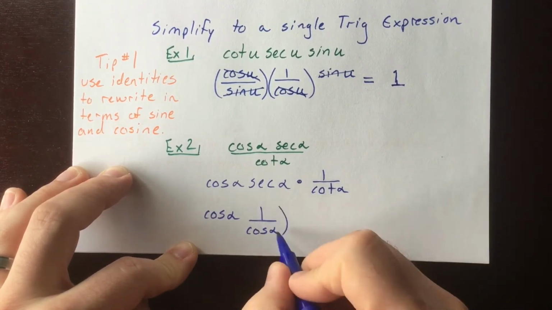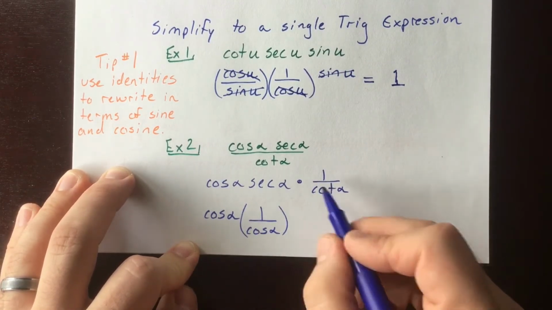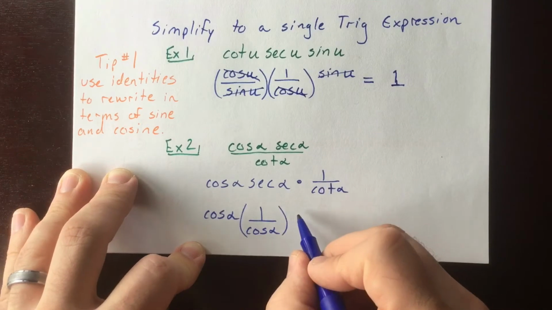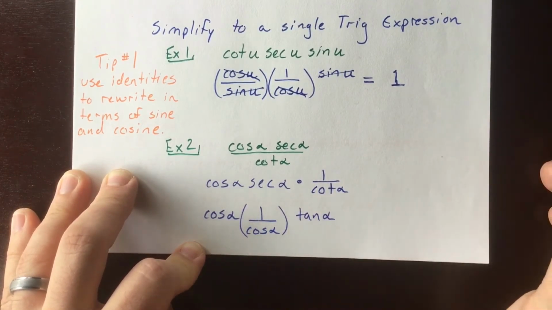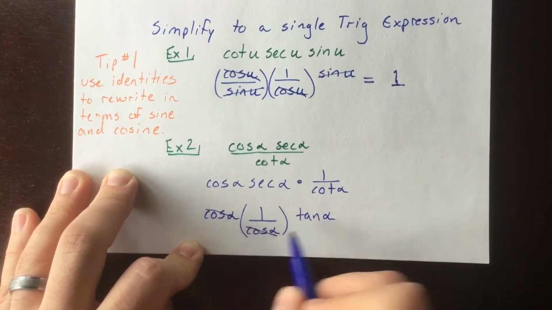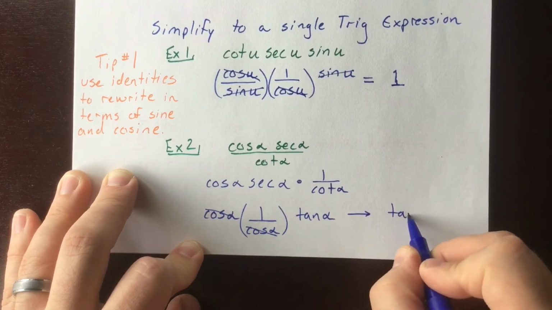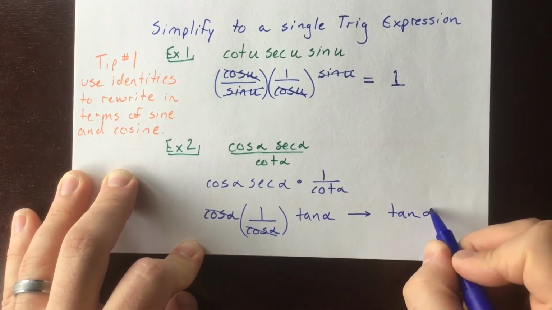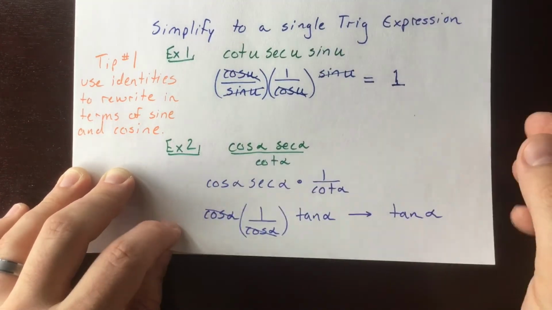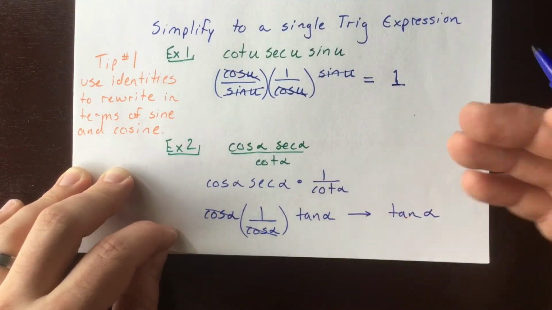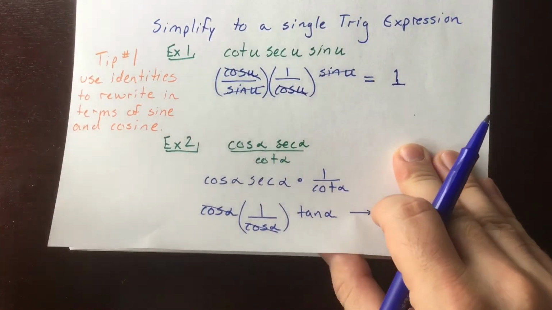And then 1 over cotangent, from our reciprocal identities, is just tangent. So the cosines cancel, leaving this expression simplifying to tangent of alpha. So using sine and cosine, just simplifying it, bringing everything back to those two functions.